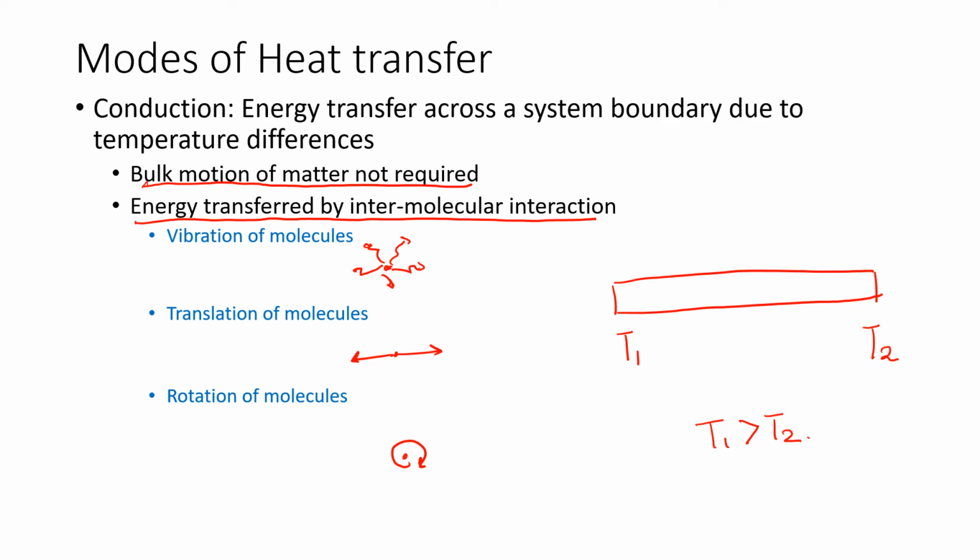This means that one end of the plate has higher energy than the other end, and energy tends to diffuse from a higher to a lower temperature because it wants to level out and create a balance within the system. This happens due to conduction when you have a solid, and it happens in a liquid as well.